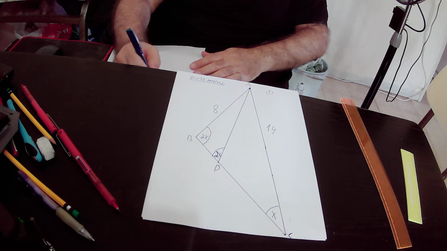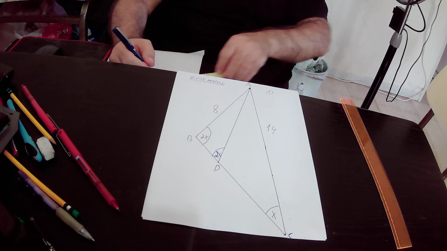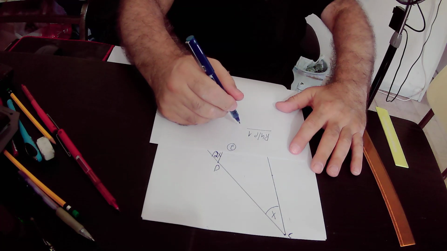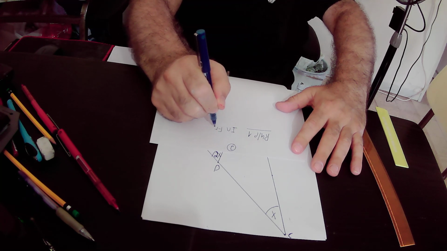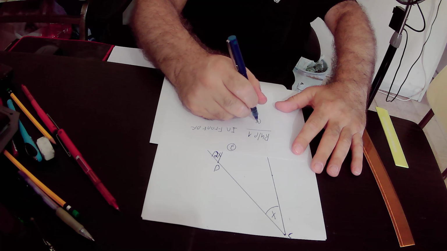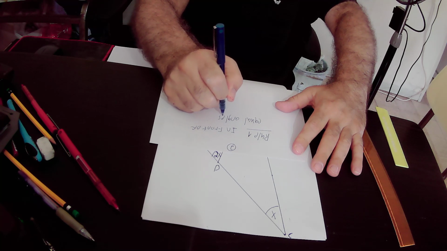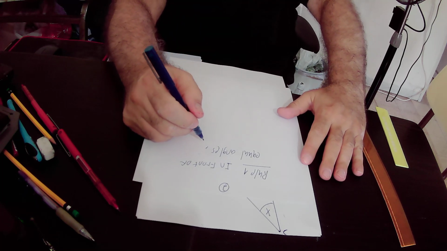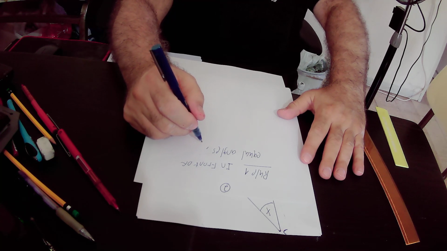Rule number 1 states that in front of equal angles there are equal sides.